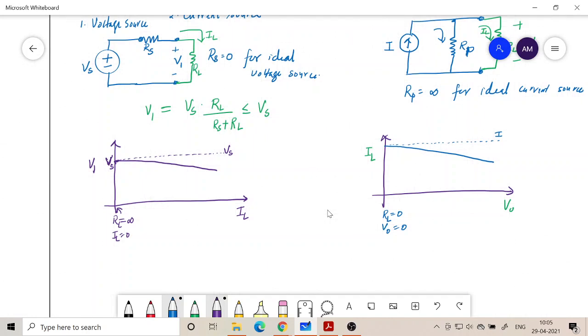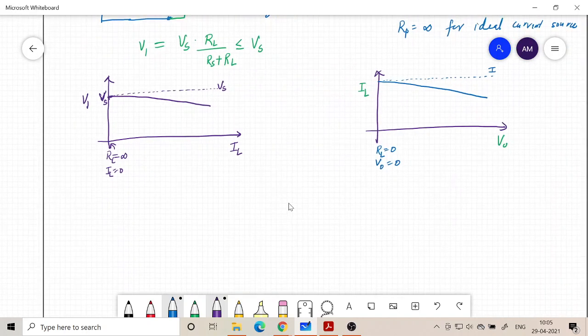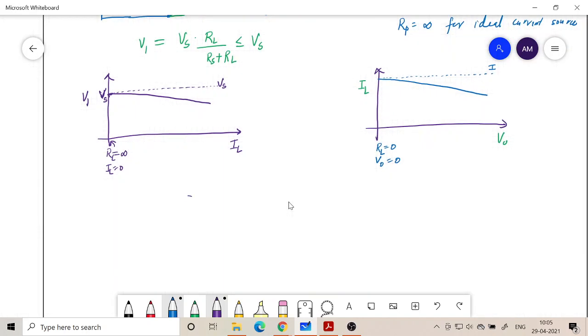Whenever we have a circle with plus minus, this is an independent voltage source. And similarly, a circle with an arrow is an independent current source.